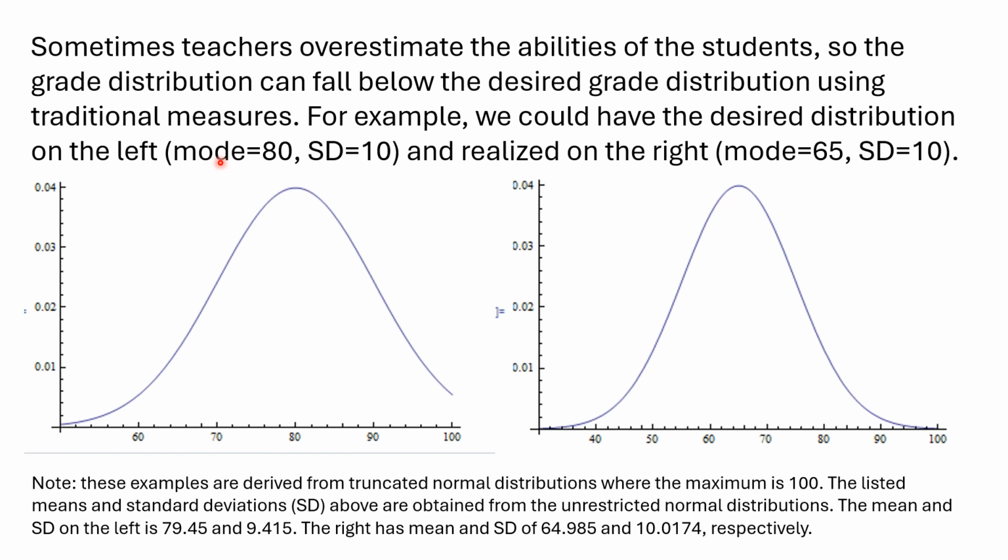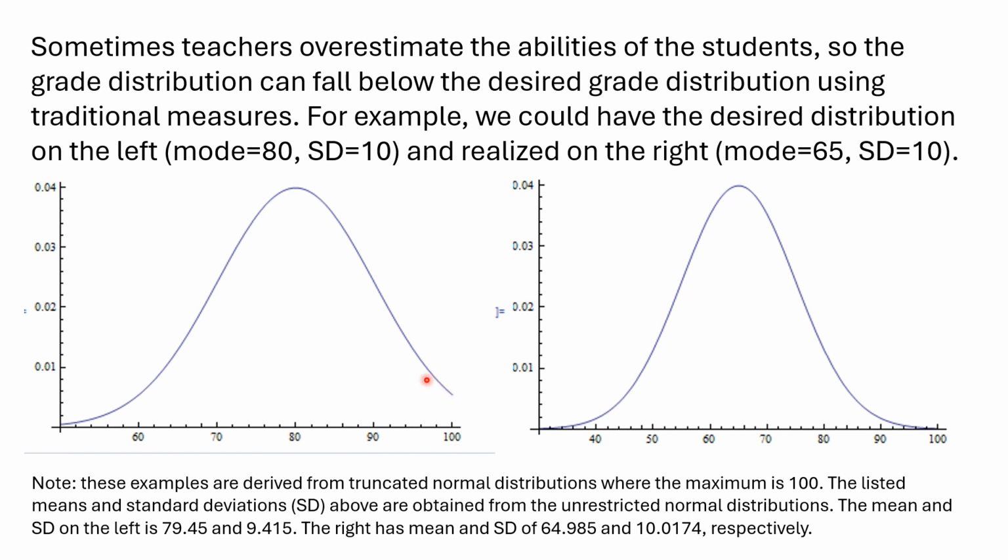Sometimes the teachers overestimate the ability of the students, so the grade distribution can fall below the desired grade distribution using the traditional methods. For example, we could have the desired distribution on the left, right here, which has a mode or a peak around 80 and a standard deviation of about 10 units or 10%. So that's what the teacher is hoping the students will perform at.